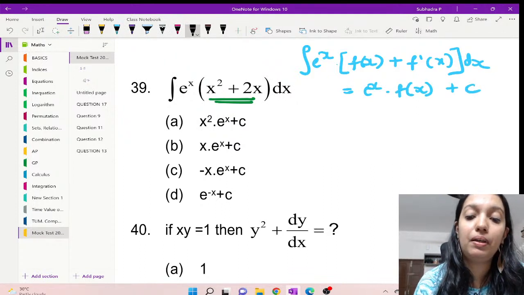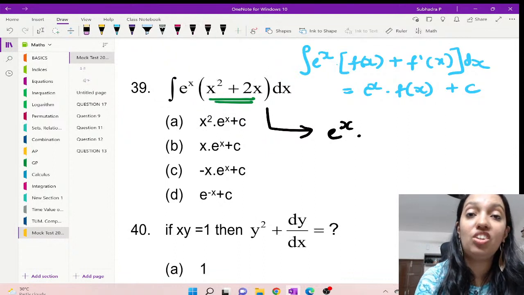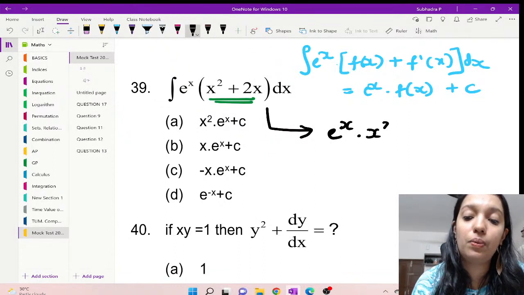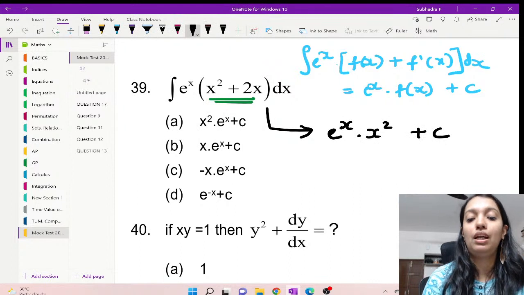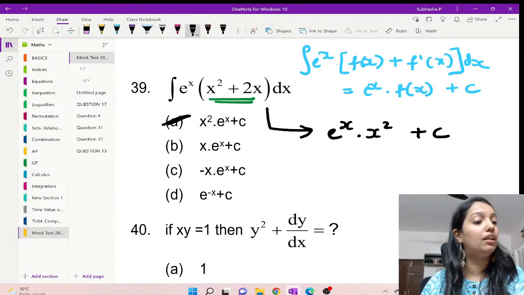So what will this become? Your final answer, e power x into, what is function here? What is the derivative? You need to take just the function part, x square plus c. Do we have this option? Yes, x square into e power x plus c. It is option A.